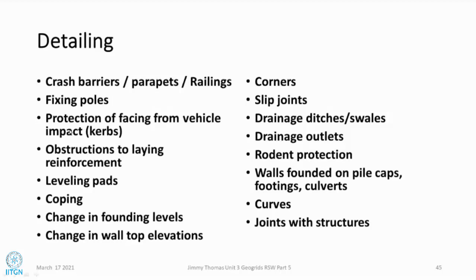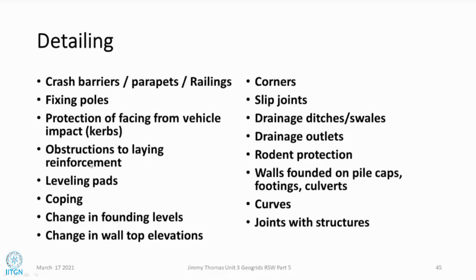That means if there is a service road alongside, and a vehicle comes and hits the facing panel or block, what will happen? So normally we provide a curb adjacent to the panel. And there are some obstructions to laying the reinforcement. There are structures within, for example, some poles which are embedded in the soil. So it may obstruct the reinforcement.